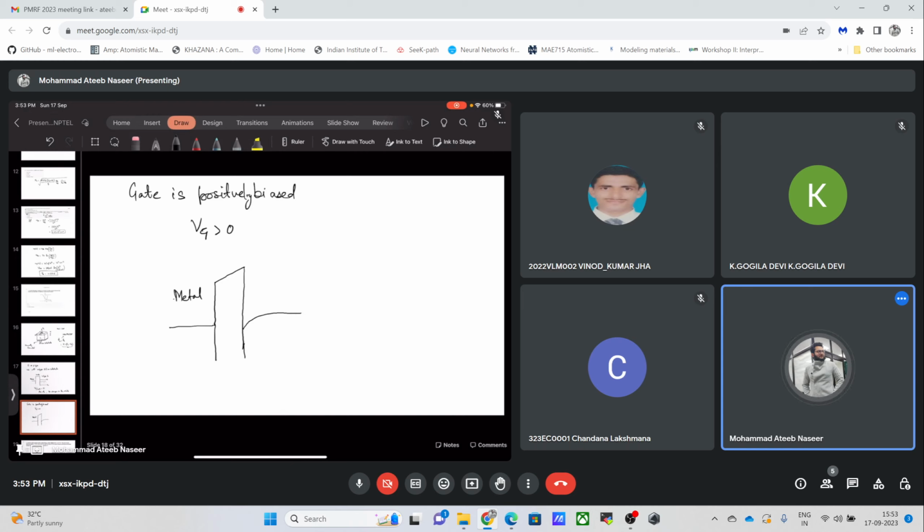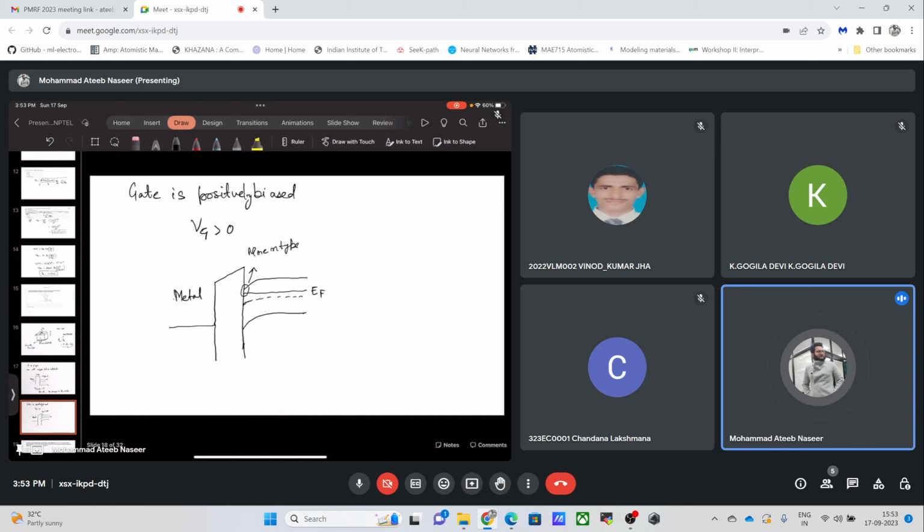Let me draw its Fermi level first. The Fermi level will remain constant throughout. The intrinsic Fermi level will have the same band bending as the valence band, and since the interface has now become more n-type, the band bending near the interface is towards the Fermi level.